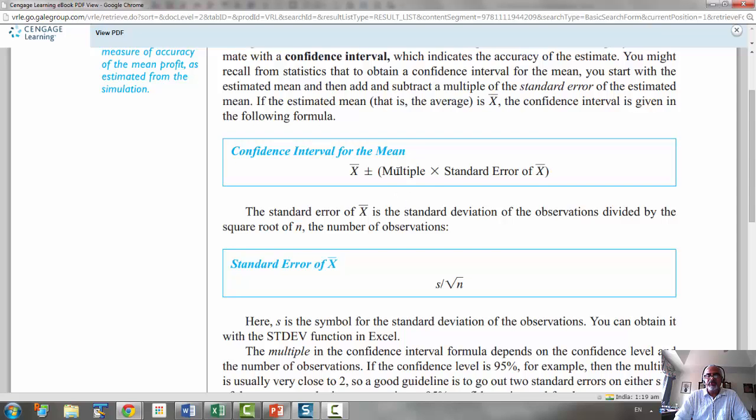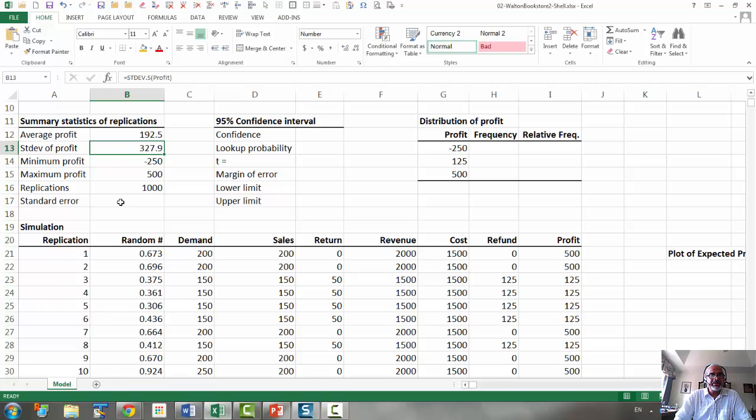This multiple here is the z value from the normal distribution times the standard error of x bar. Now the standard error of x bar is given by the standard deviation divided by the square root of n. So this is our standard confidence interval formula from your first stat class. So that's why we need the standard error.